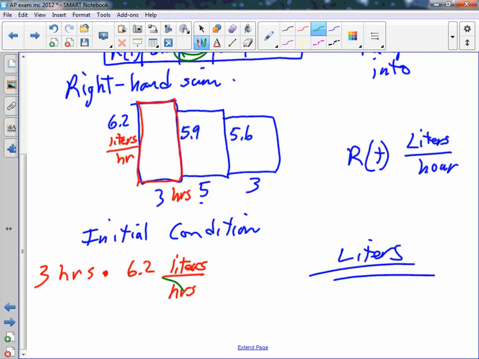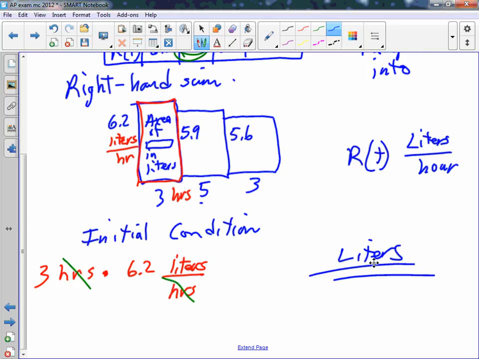And this is the one case where you can use cancel. The hours cancel. Yes, doesn't it feel good? And we're left with the area of the rectangle in liters. And yeah, that's an integral. It really is. So we're left with liters, and we're trying to get liters.